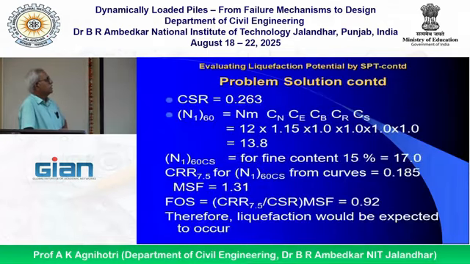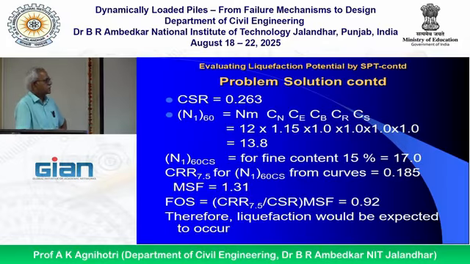CSR, 0.263, from the equation we can calculate. The equation which I have shown, from that you can now calculate CSR. Now next is CRR. For CRR, N160, Nm is given to you as 12 in the problem, and then these correction factors will be applied.